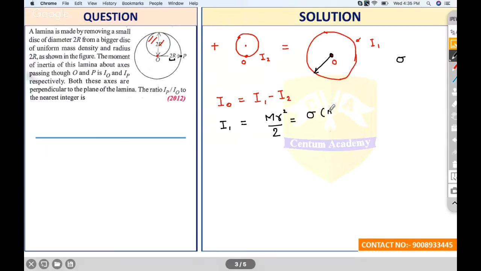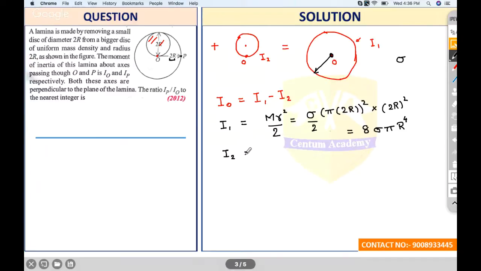Sigma into pi into 2r square, which is the area of the bigger disk. So sigma into that is the mass, into 2r square by 2. So what you get here is 4 into 4, 16, divided by 2. It is 8 sigma pi r to the power 4. So this is I1.